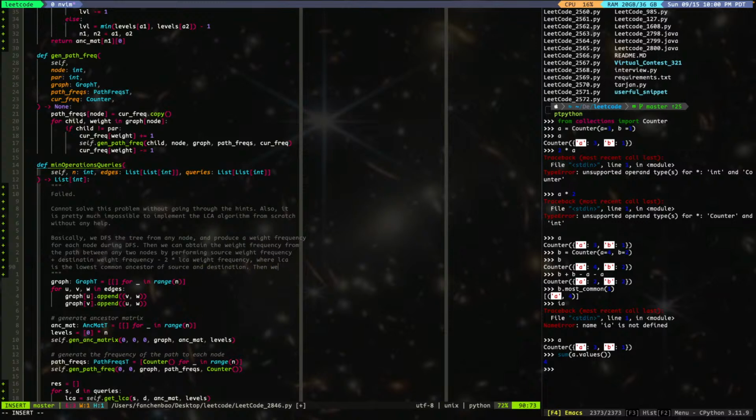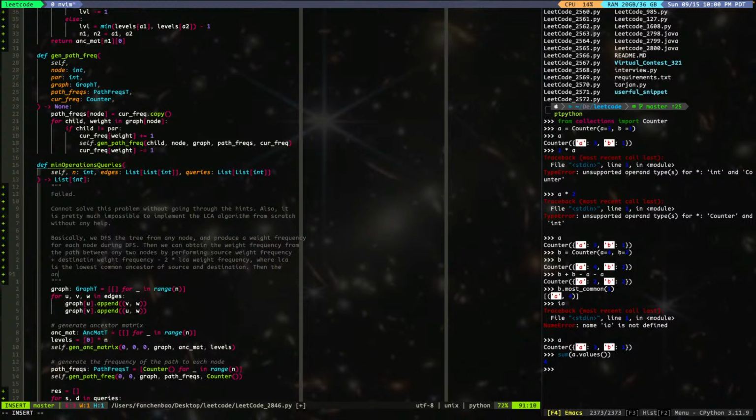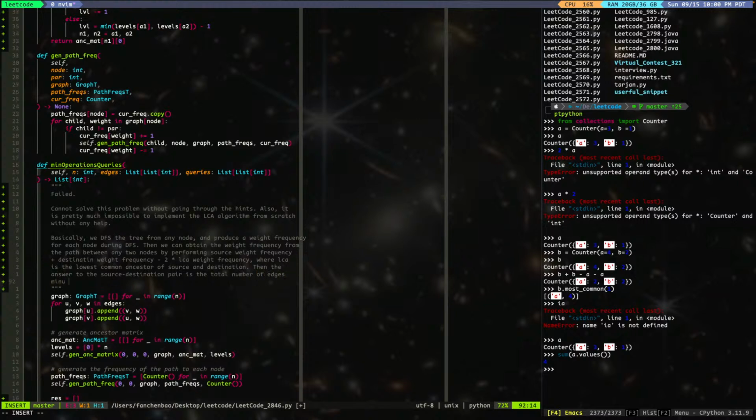Then the answer to the source destination pair is the total number of edges minus the most common count of weights.